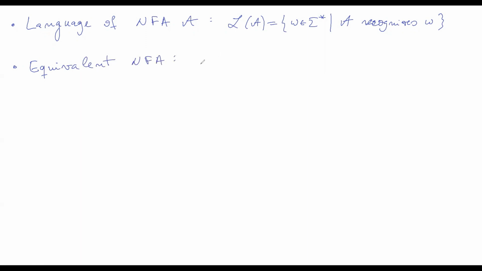So A and B, two automata, are equivalent, and this is denoted with three horizontal bars, if and only if, that's the definition, the language of A is exactly equal to the language of B.